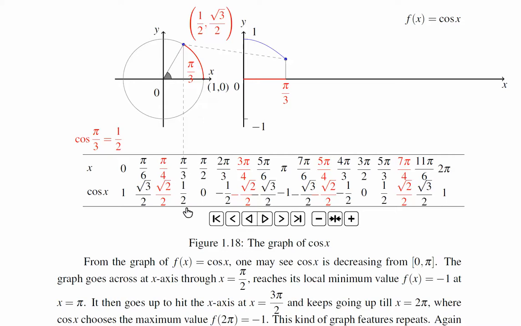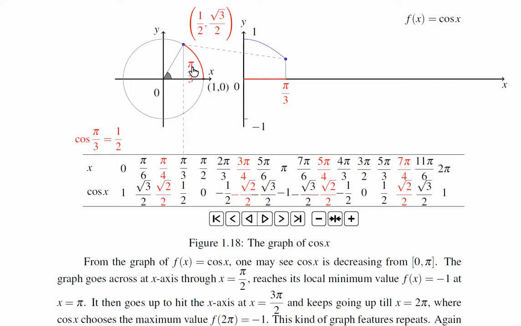Then we have a table. Pi over 3 for the angle is 1/2. Don't get confused. Here that x value stands for the angle, this one.